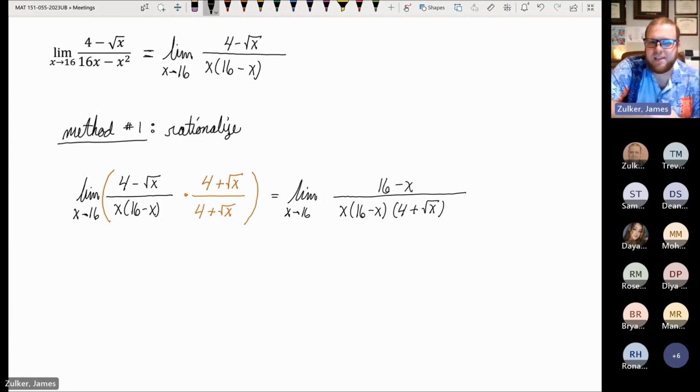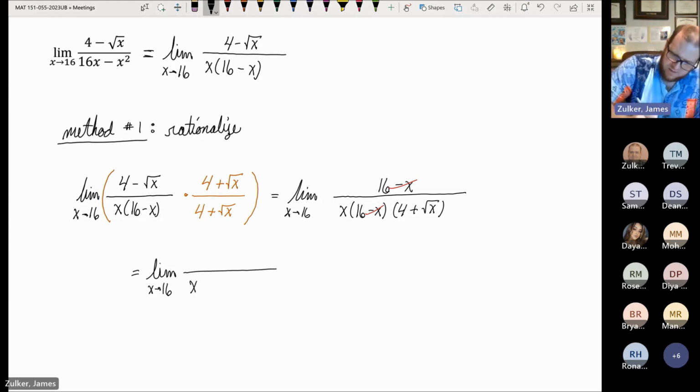So numerator is just 16 minus x. Now plug in 16.